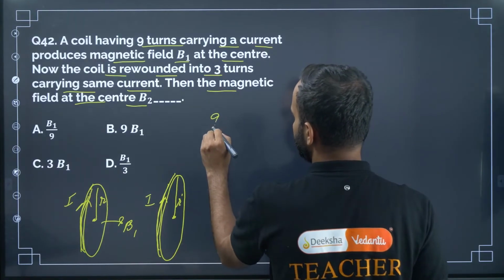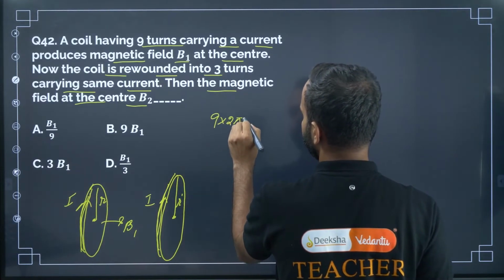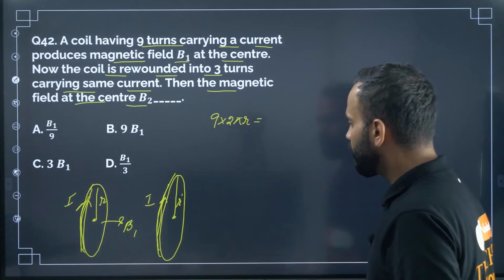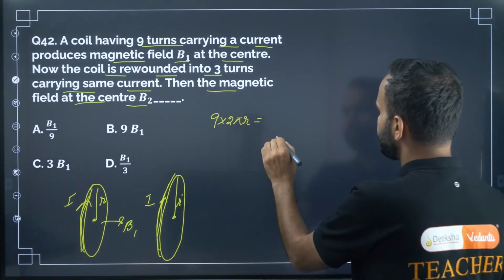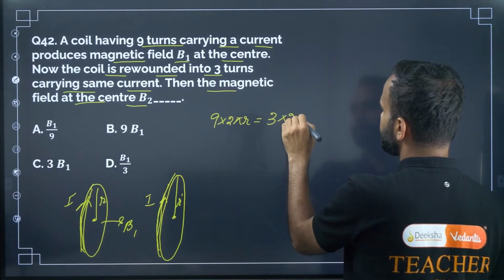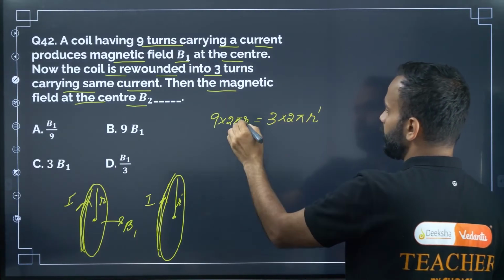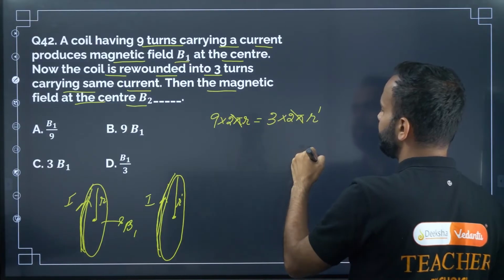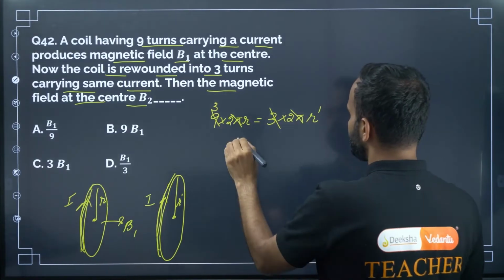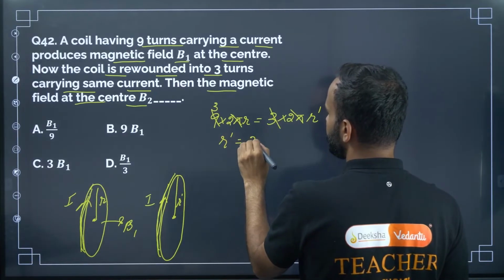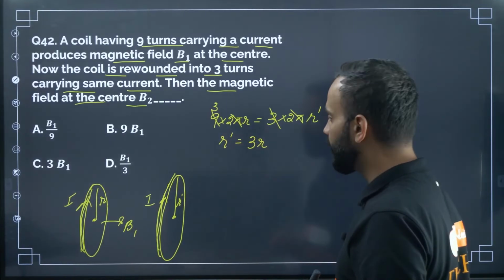So in first case 9 into 2 pi R is equal to, in second case 3 turns are there, right? 3 into 2 pi R dash. So now 2 pi will get cancelled, right? 3 3s are 9. So now R dash equal to 3R, right? R dash equal to 3R.